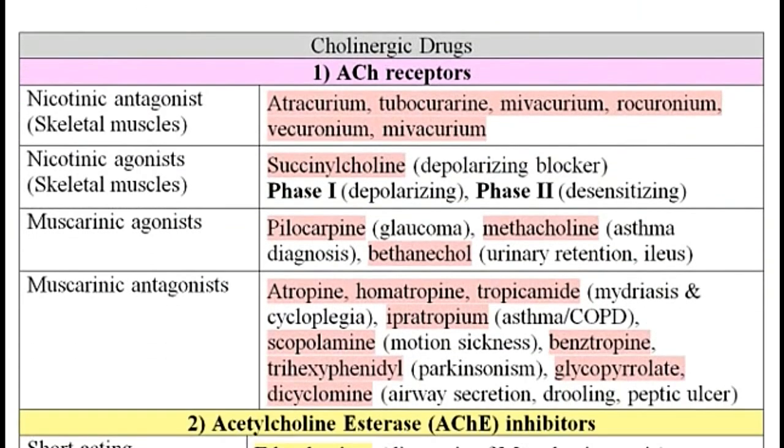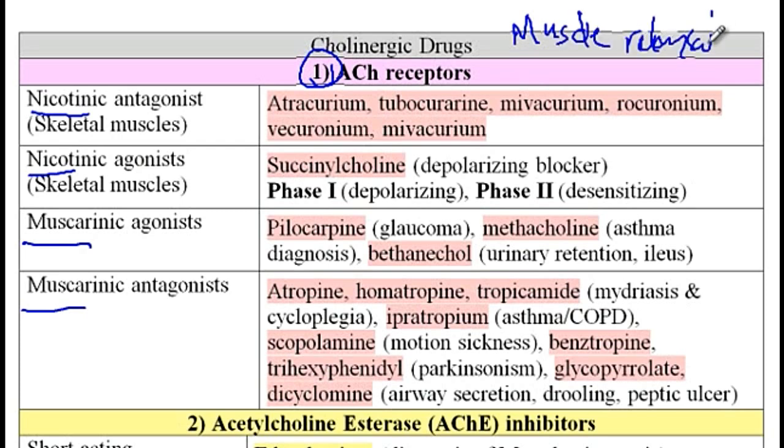So next, I would like to go over the function of the cholinergic drugs, starting with the ones that are acting on the acetylcholine receptors. There are two different drugs that we have here, the ones that are acting on nicotinic versus the ones that are acting on muscarinic receptors. So nicotinic antagonists as well as the nicotinic agonists like succinylcholine are both causing muscle relaxation.